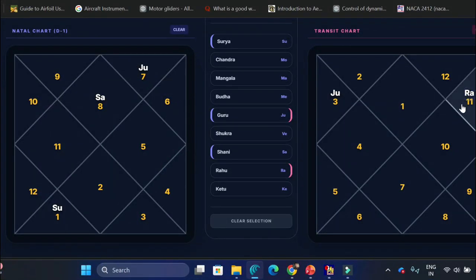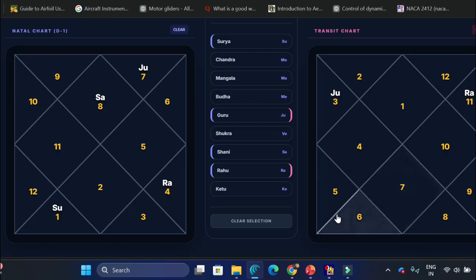Approximately seven signs. 10 years ago means 1.5 years ago, 3 years ago, 4.5, 6, 7.5, 9, 10.5. So somewhere here in Cancer. So we will place Rahu in Cancer.